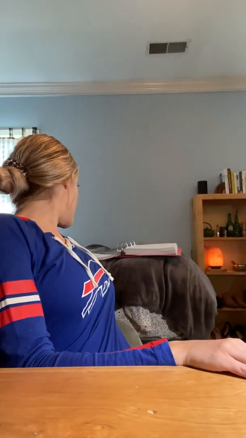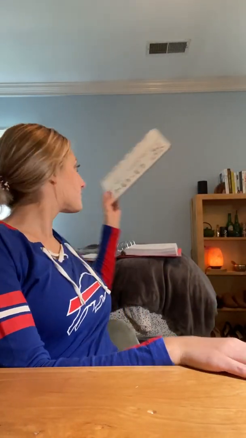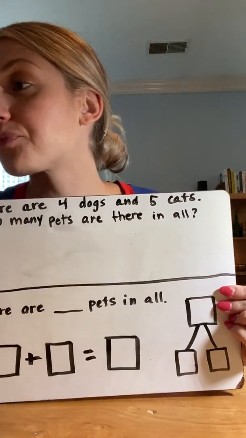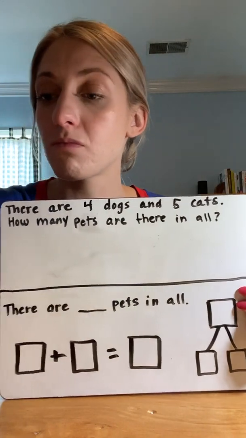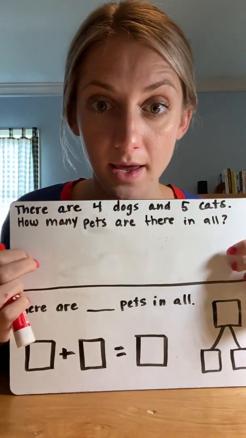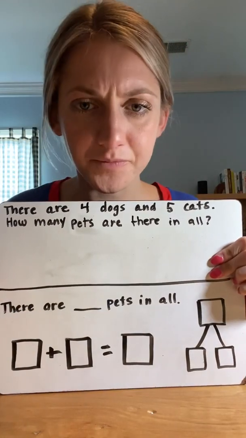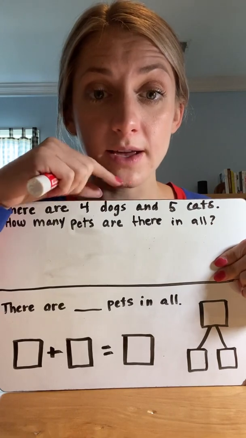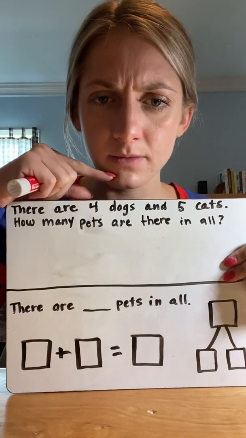We are going to now move on to a word problem here. So let's see. There are 4 dogs and 5 cats.